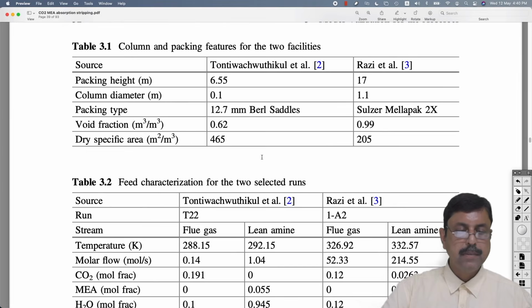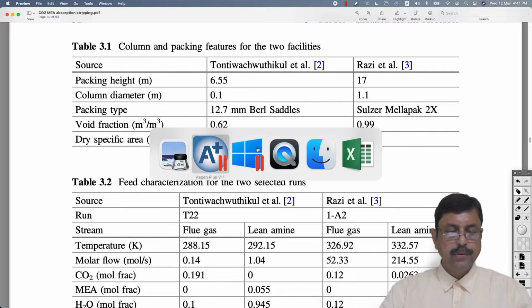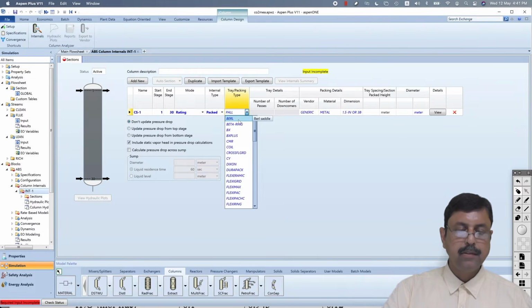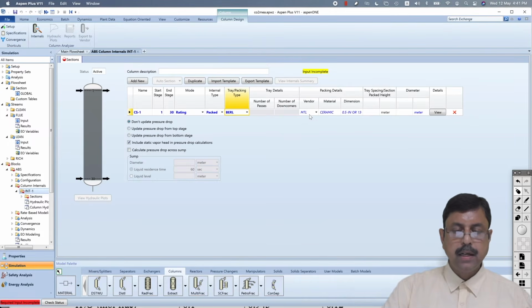So information has been given. It should be 12.7 millimeter barrel saddles. So we look for barrel saddles. Yeah, this one, it is barrel saddle. And automatically the vendor has been chosen. There are many vendors.